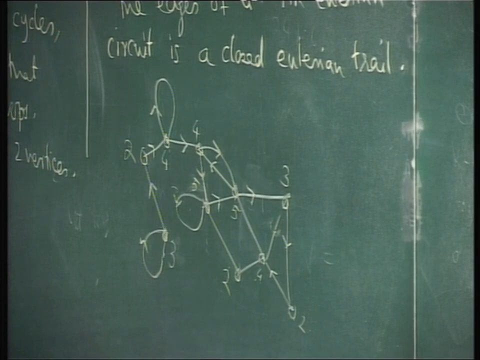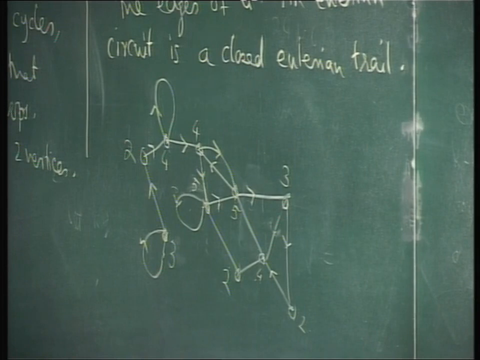So there are 4 vertices of odd degree here. If I have to have an Eulerian circuit, then each vertex must have an even degree. This is a requirement. Because of what I just said, you begin at a vertex, you begin anywhere, go along, cover all the edges and come back.